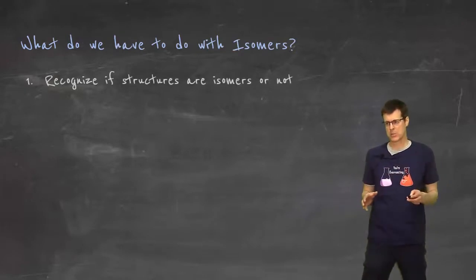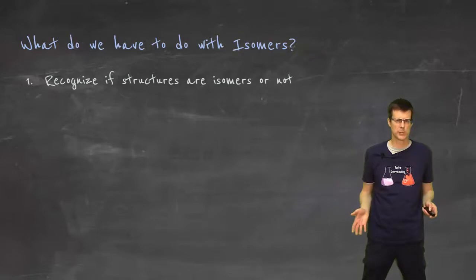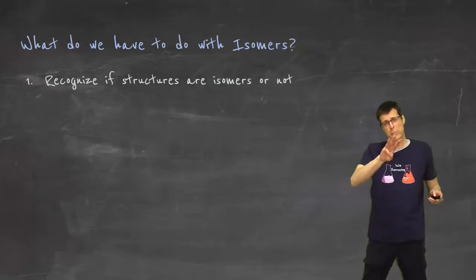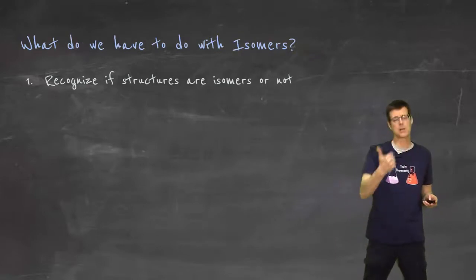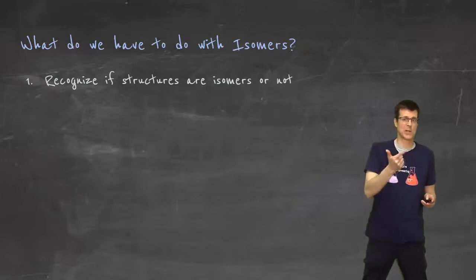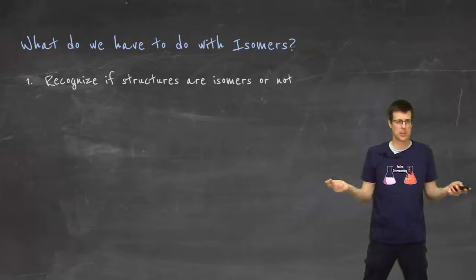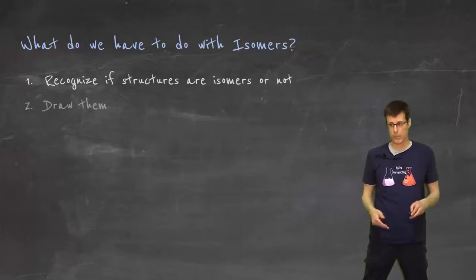Mostly we're going to be recognizing, are these two things isomers? I'm going to give you compounds and say, tell me if they're isomers or not. And there's basically 3 answers to the question. Yes, they are isomers. No, they are the same compound, so they're not isomers, they're identical. Or they don't have the same chemical formula, so they're neither isomers nor identical.